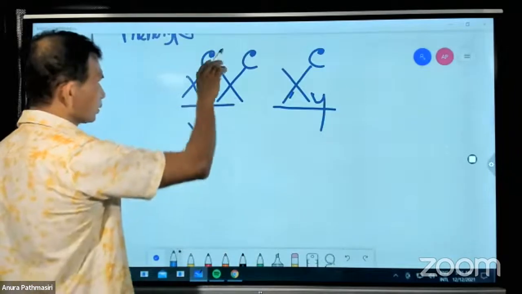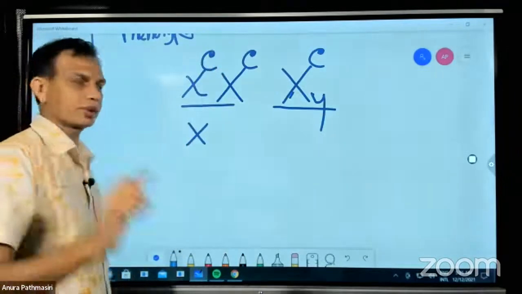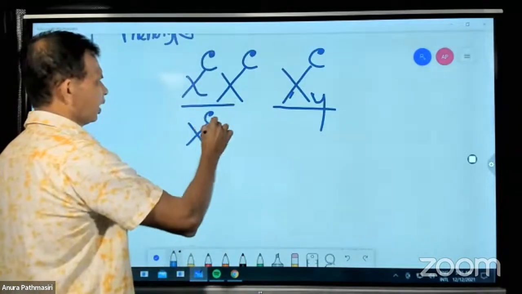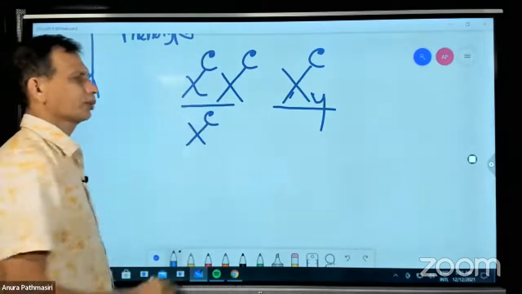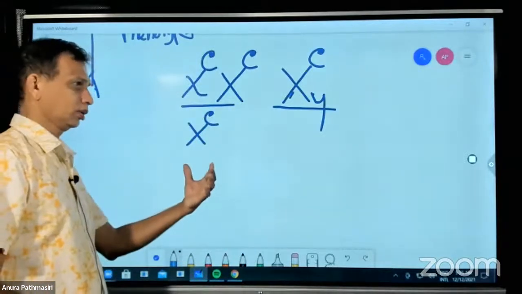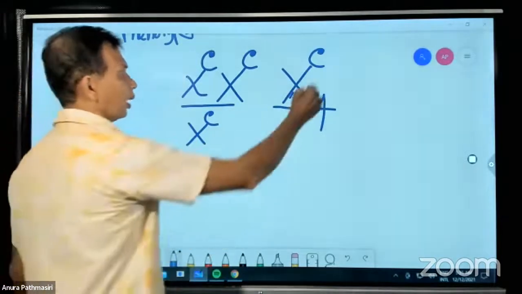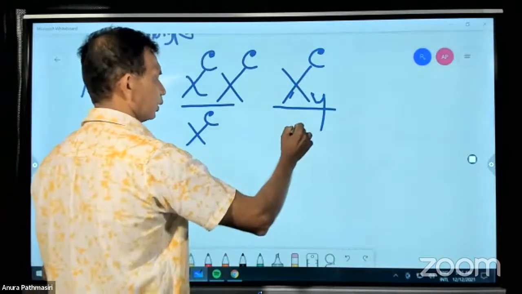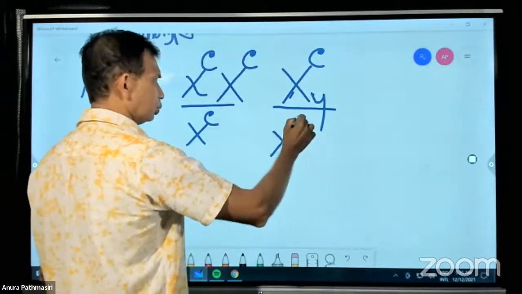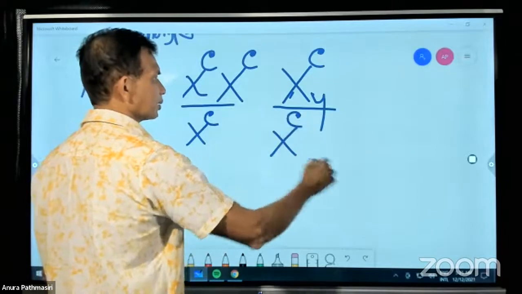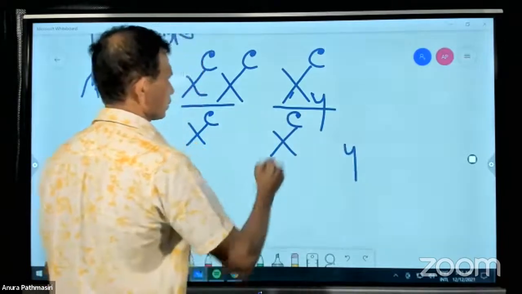When the mother makes the ovum cell, she can have one chromosome in her ovum like this, and the father can have two sperm cells like this and like this.